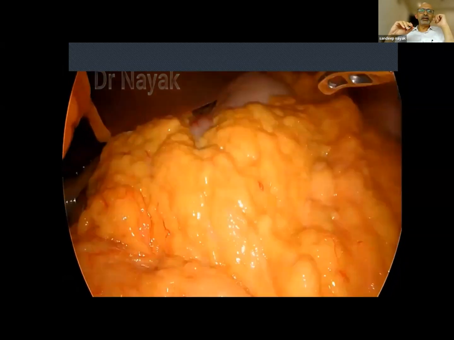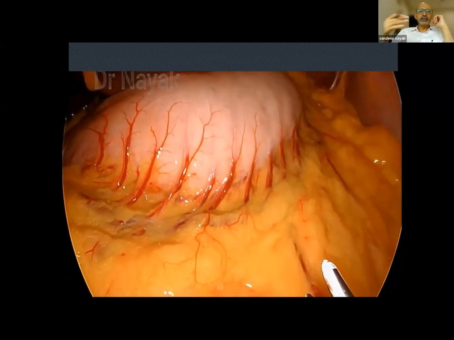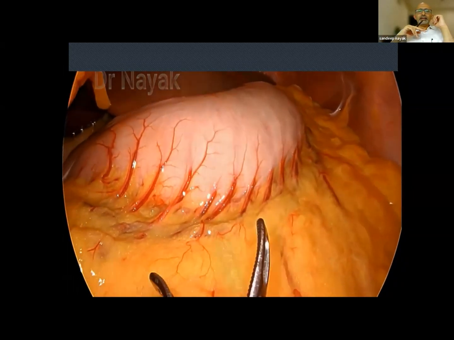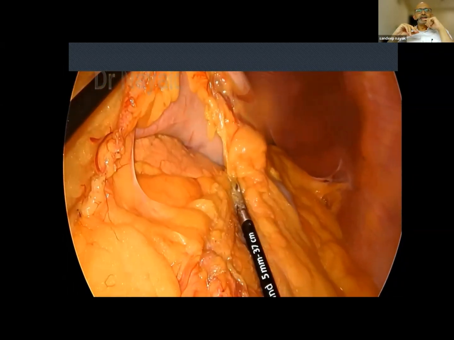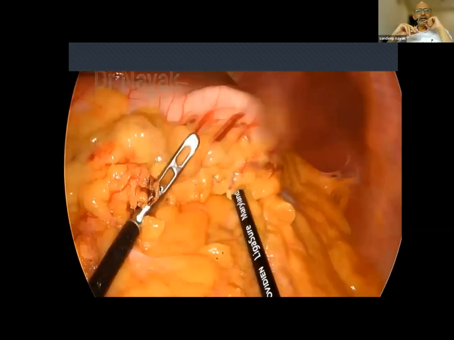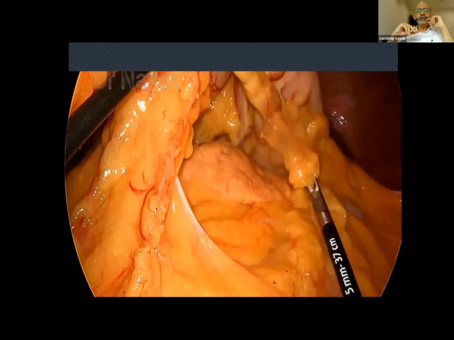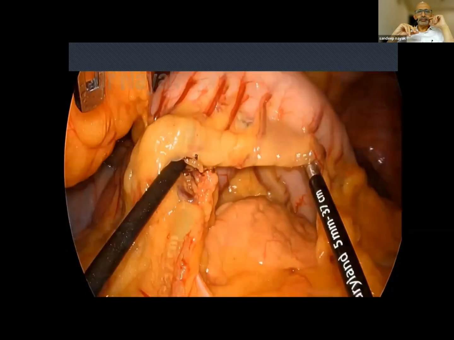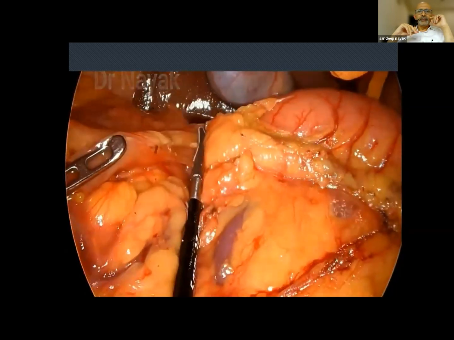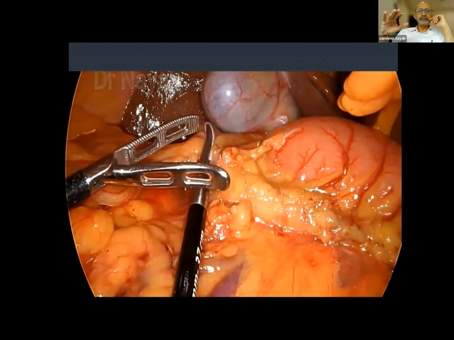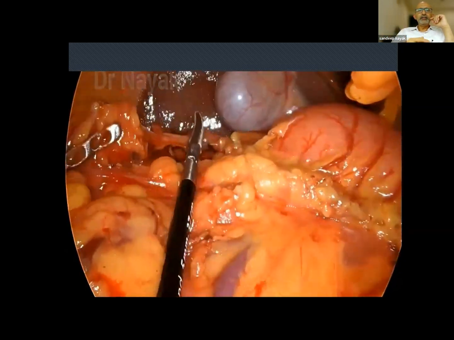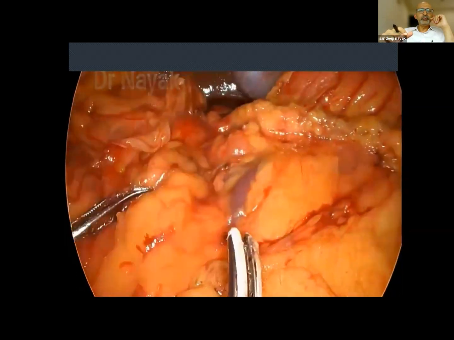Now, once this is done, we have to go to the supracolic compartment, divide the gastrocolic omentum, get into that plane. Your assistant has to reflect the stomach upwards. Once that is done, all this dissection has been performed posteriorly.